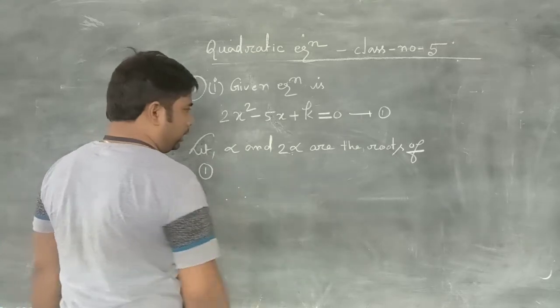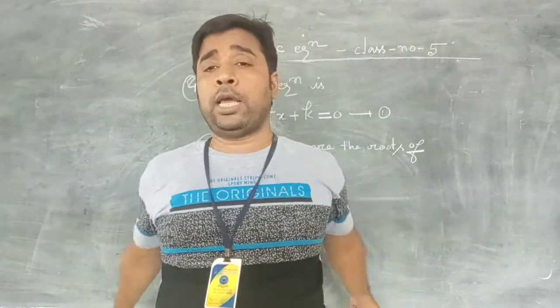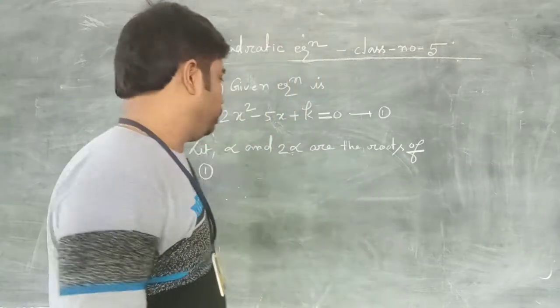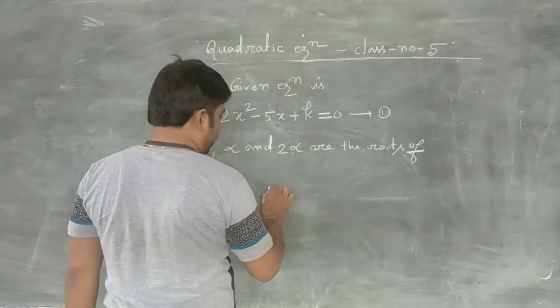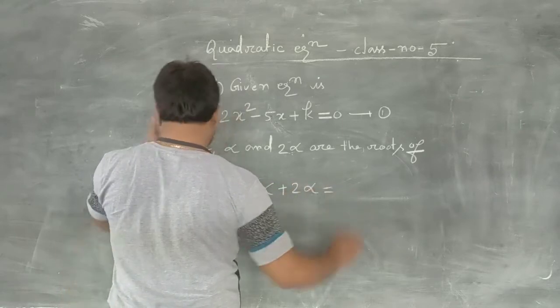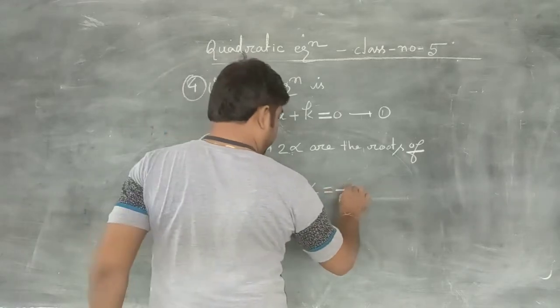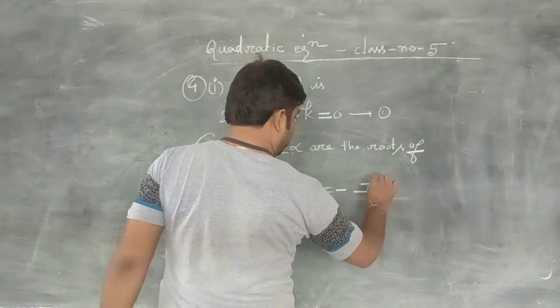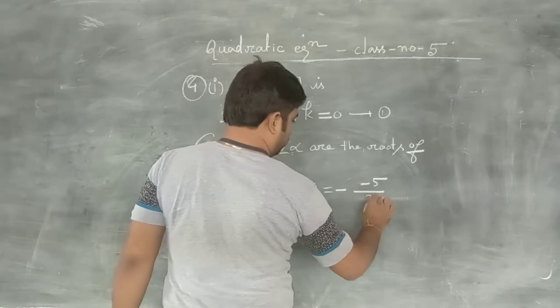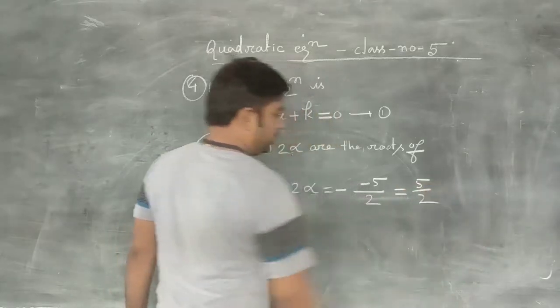Just now in the last class I gave you the formula for how to find the sum of the roots and the product of the roots. So what is the sum of the roots? Alpha plus twice alpha. The formula is minus b by a, that is 5 by 2. This is the sum of the roots.